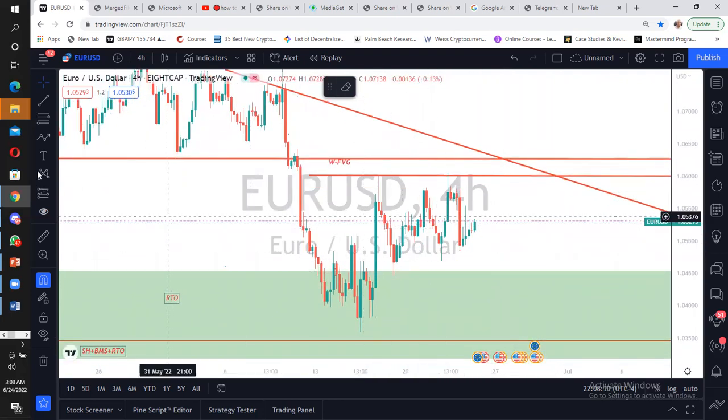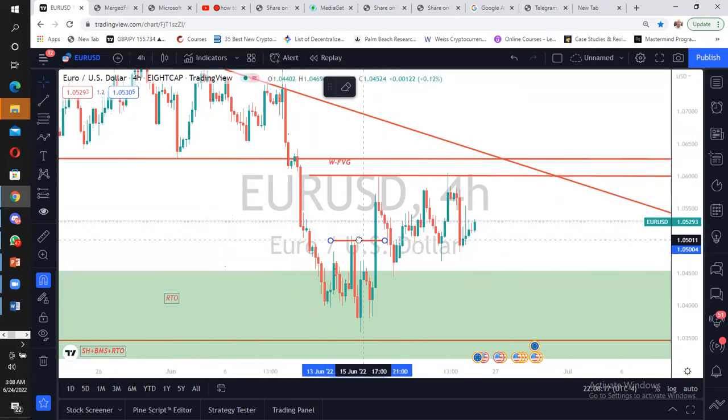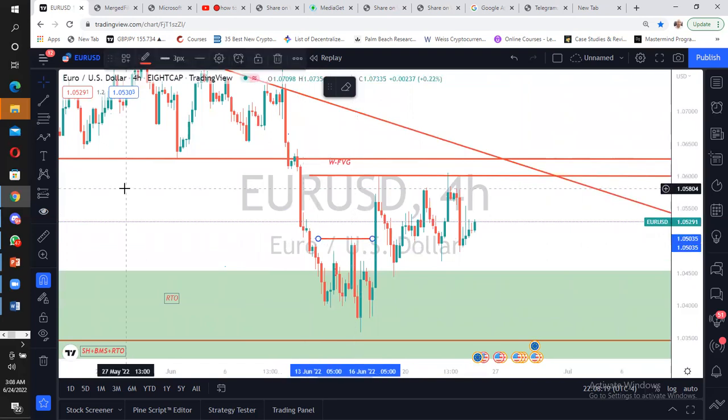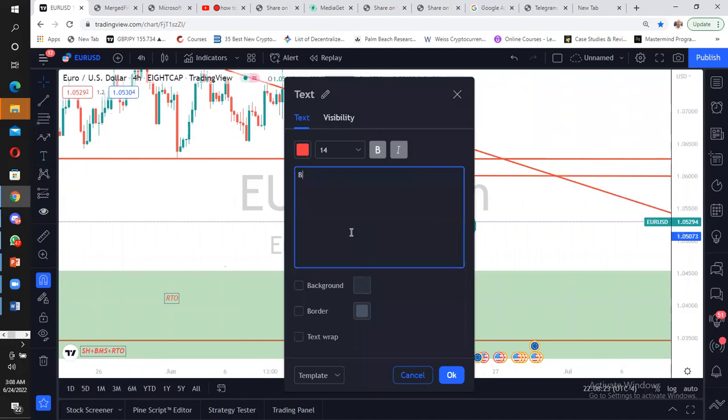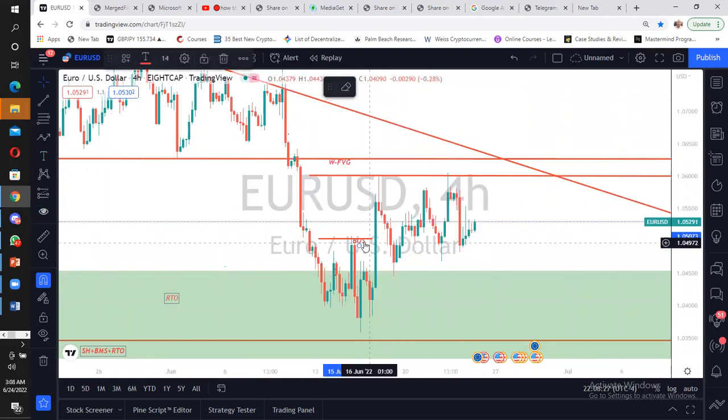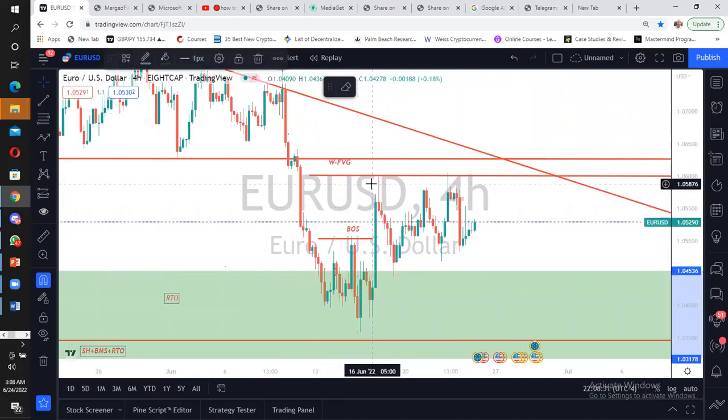In 4 hours, we'll have a break of market structure. Then it traded into this FVG, the fair value gap in 4 hours. All right.